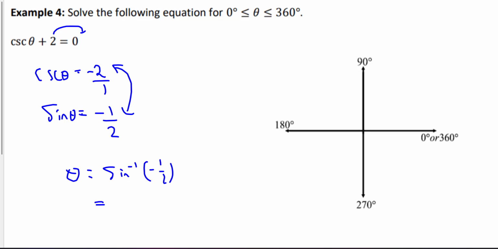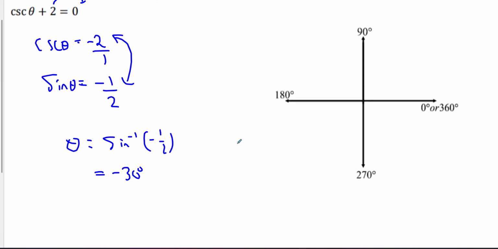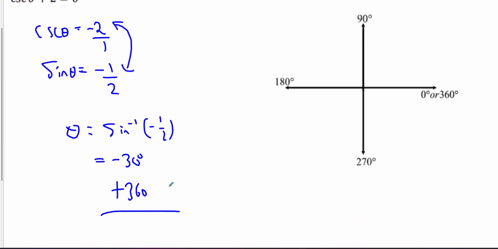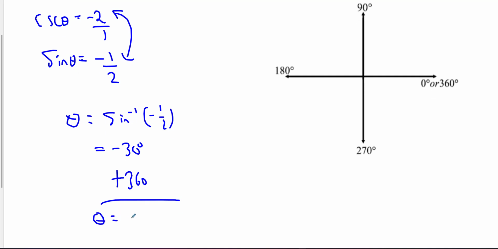Let's see, what do we get? 2, negative, shift, sine. We get negative 30 degrees. Now, negative 30, I can't draw that anywhere, because we start from 0 and go into the positive realm. So guess what? I have to do that trick of adding 360 to it. And if I do that correctly, theta is equal to 330 degrees.